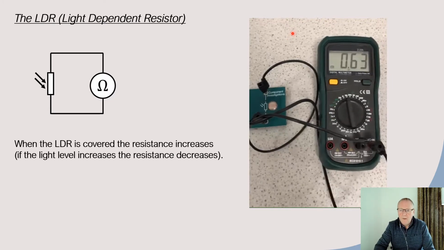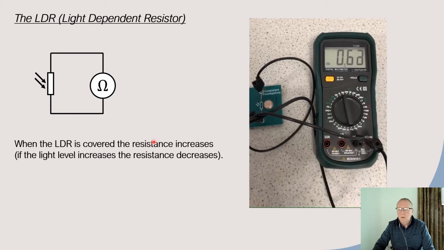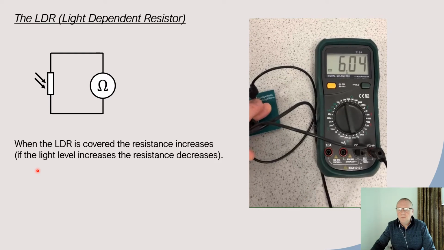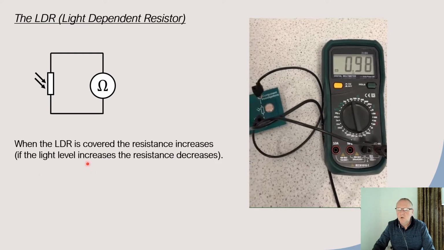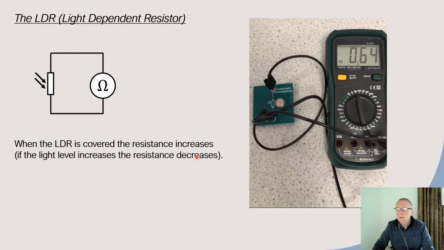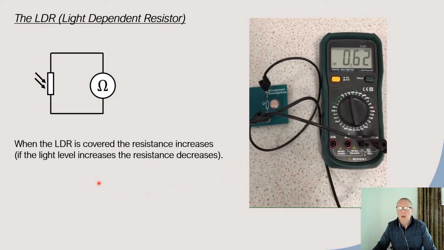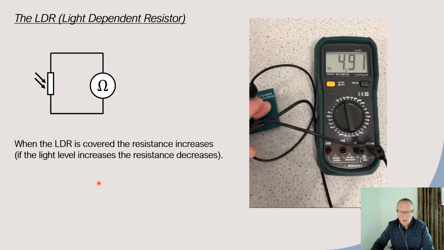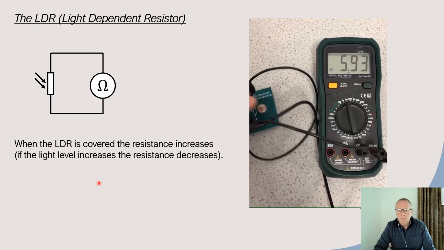So when the LDR is covered, its resistance increases. I didn't do this on the video, but the opposite would be true if I shone light onto the LDR. The opposite thing would happen, the resistance would decrease. Now that sounds a wee bit confusing.